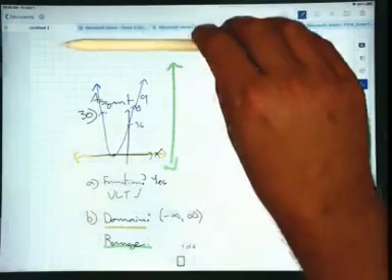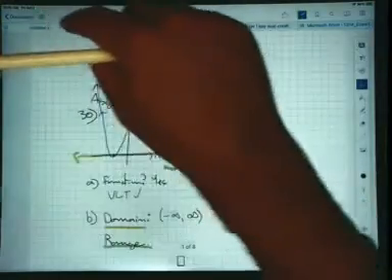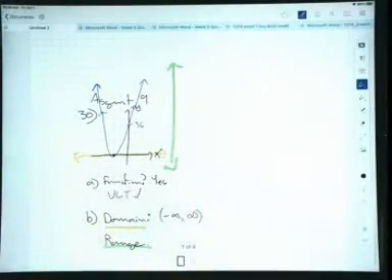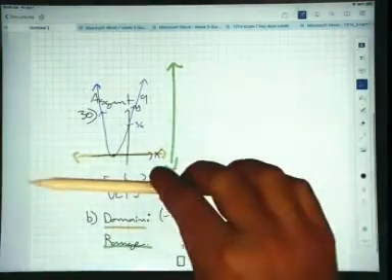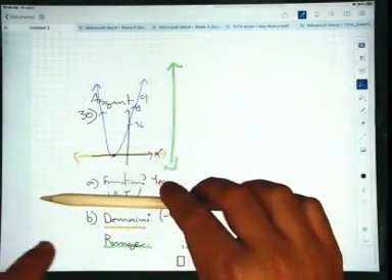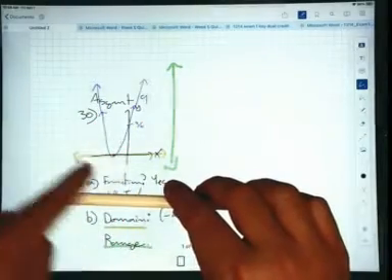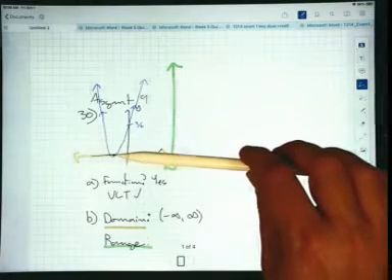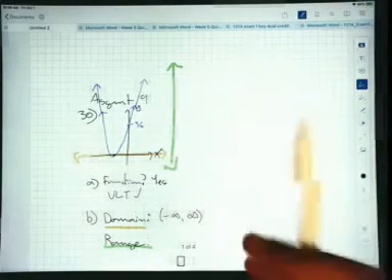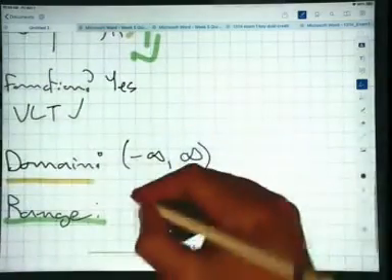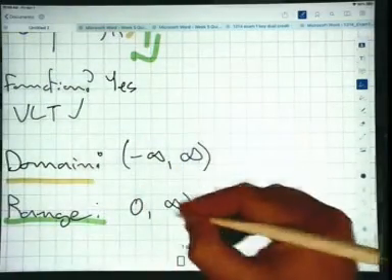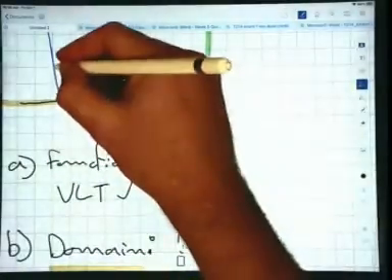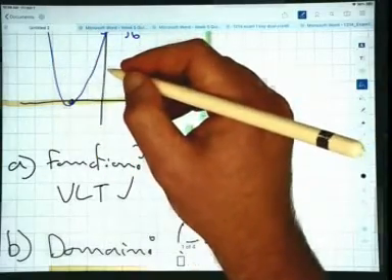So way up here at positive infinity, my graph is interacting with something way up there at positive infinity. But if I scan way down here, at, let's say, negative infinity or negative 10, the graph doesn't come down this far. It only goes down to y equals 0. So our range is from 0 to infinity, bracket around the 0, because we can clearly see that it's touching the x-axis.